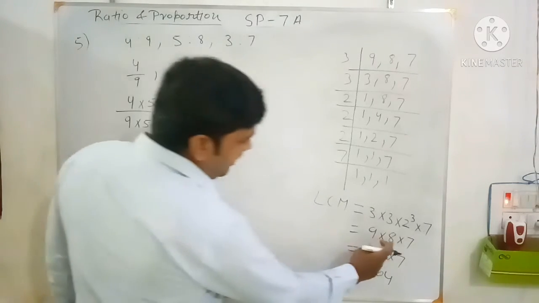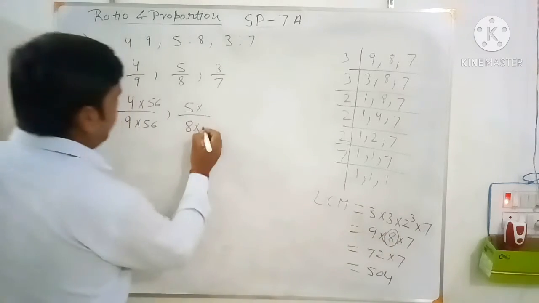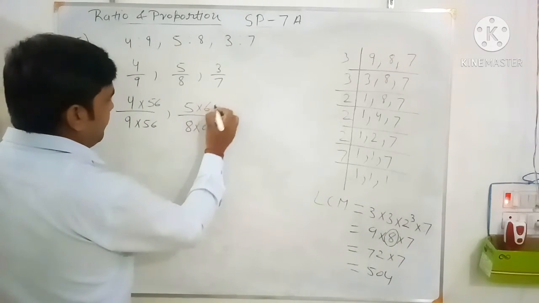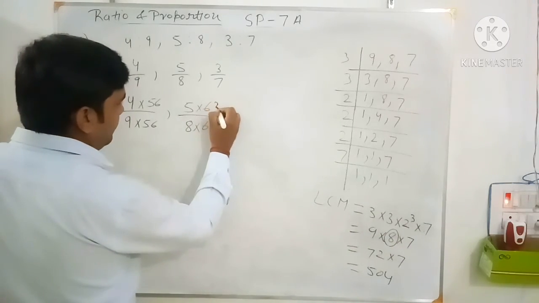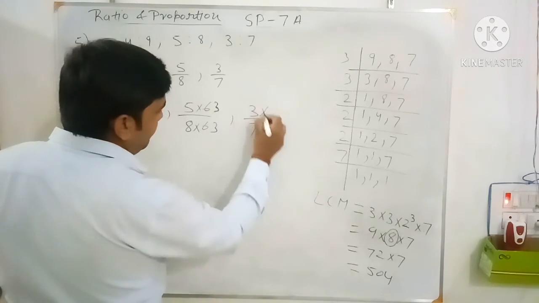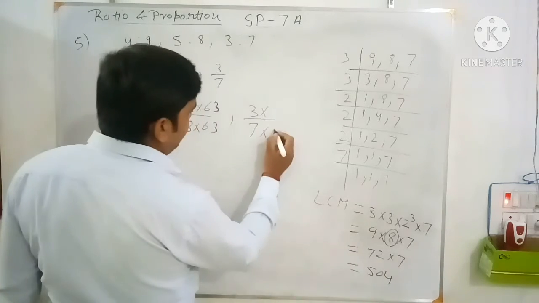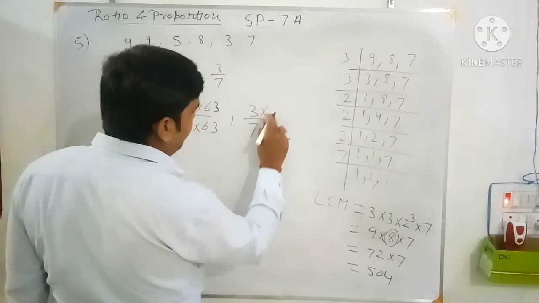So in 8, 9 7s are 63. In 8 you have to multiply 63. So to multiply the numerator also. Now third is 3 by 7. So what you multiply 7 to get 504? That is 7 into 72. So you multiply 72 to the numerator also.